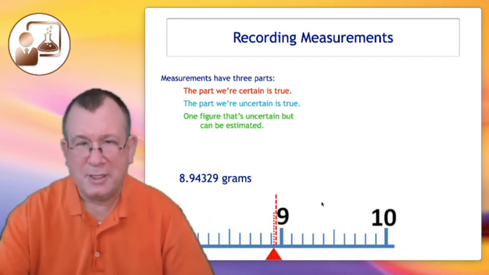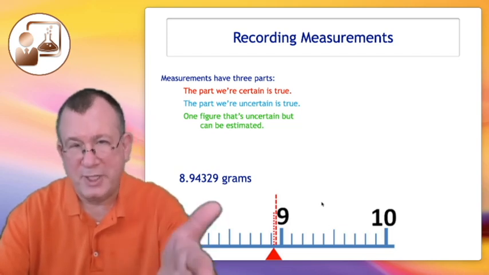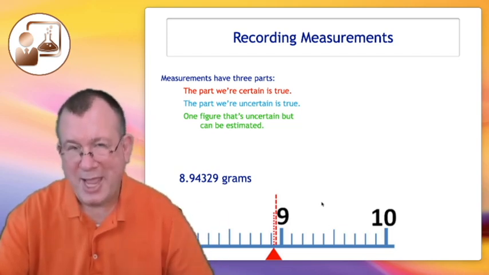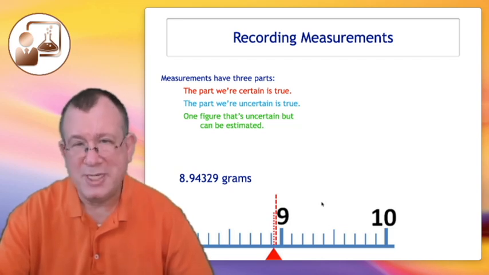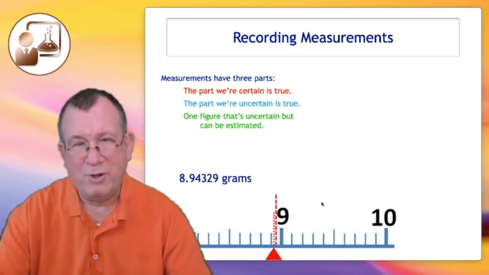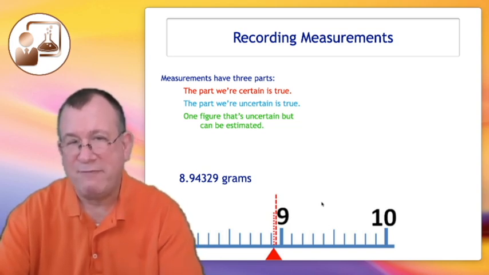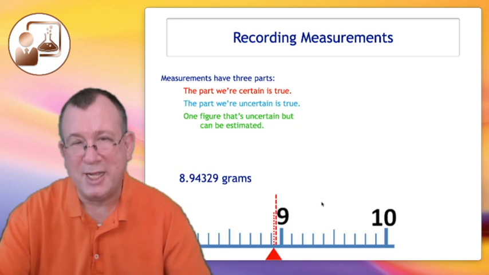So in this case here, if somebody wrote 8.94329 grams, well, the 8, there's at least 8 in there, and there's at least 8.9. We can see that because the red triangle is past the 8 mark. It's past the 8.9 mark. The 4, well, it's not halfway between the 8.9 and the 9.0. So the 4, that's a reasonable estimate.